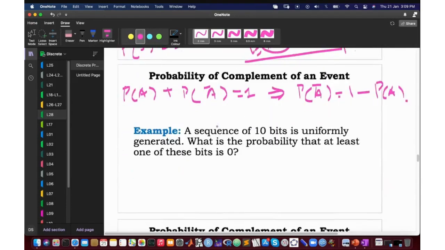So here's probably the first example. You have a sequence of 10 bits uniformly generated. Each bit is uniformly 0 or 1. The probability of each bit being 0 is 1 over 2, and of being 1 is also 1 over 2. The question is, what's the probability that at least one of these bits is 0?